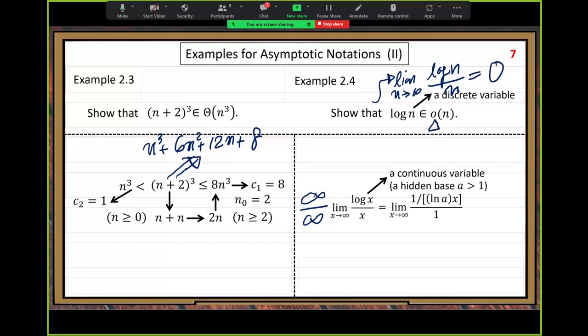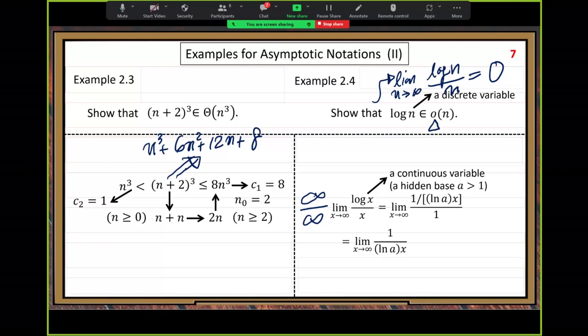The derivative of the numerator follows a certain formula, so we copy the formula. The derivative of the denominator is 1, since it is a power function. After simplification, we get 1 over natural log of a, remember the hidden base.